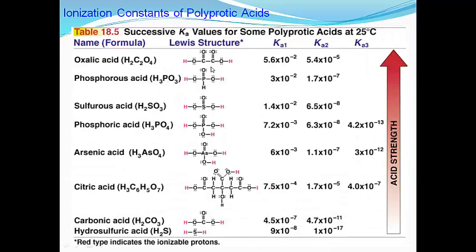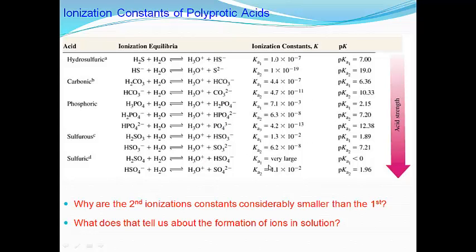Here we have another table showing us examples of polyprotic acids and highlighting the ionizable protons and the corresponding Kas for the several steps that there are. In this case, arsenic acid has 3 ionizable protons, and we have 3 Kas. We're moving from 6 times 10 to the minus 3 to 1 times 10 to the minus 7 and 3 times 10 to the minus 12. If you look at this, let's just back up to look at the other table.